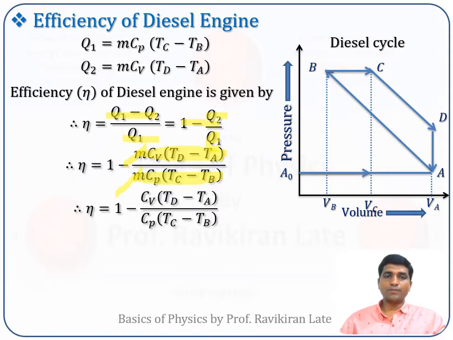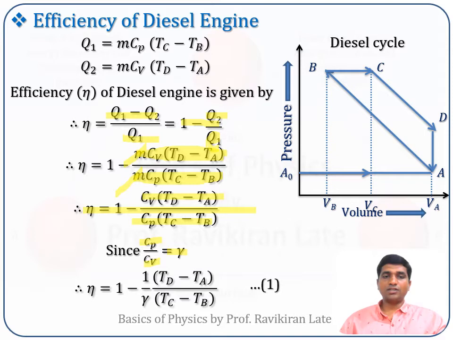So you can simplify this equation as eta is equal to Cv in bracket Td minus Ta divided by Cp in bracket Tc minus Tb. Now we know that the ratio of specific heat at constant pressure to specific heat at constant volume is nothing but the adiabatic ratio gamma, and if you substitute that in this equation, you will get eta is equal to 1 minus 1 upon gamma, Td minus Ta upon Tc minus Tb. Let us call this equation number 1, because we will be using this equation in the latter part of the presentation.